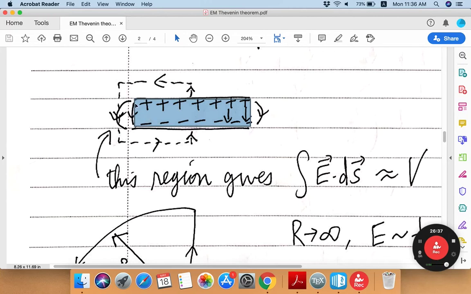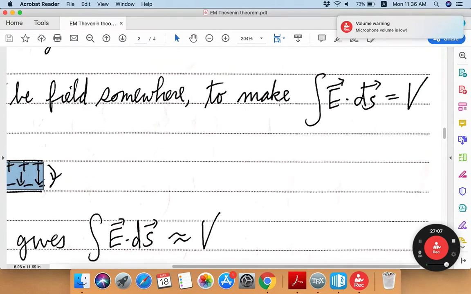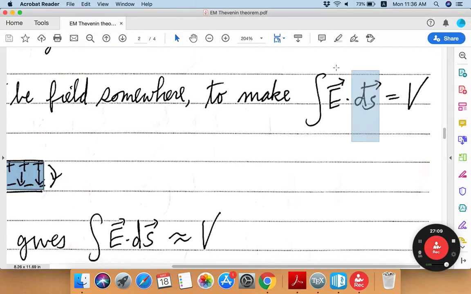However, once you go outside the interior of the capacitor, the electric field does not die out immediately. It kind of leaks out like this. Okay? Now, think about making a loop like this one and follow this loop to perform this integration.